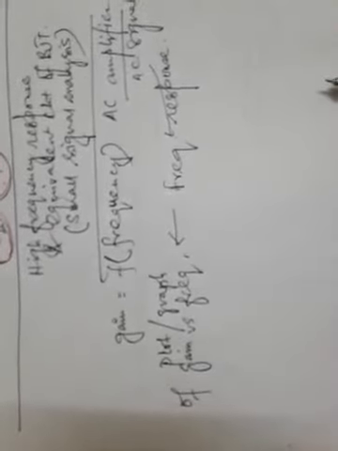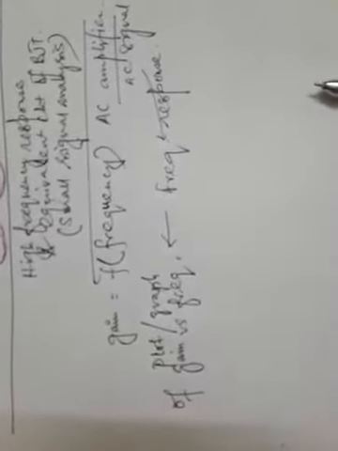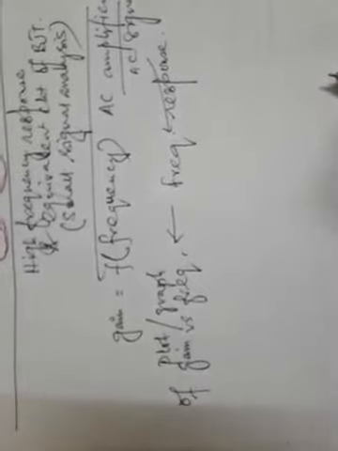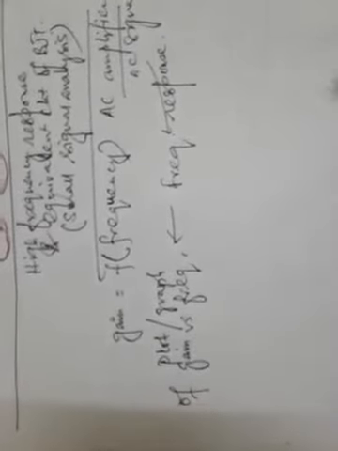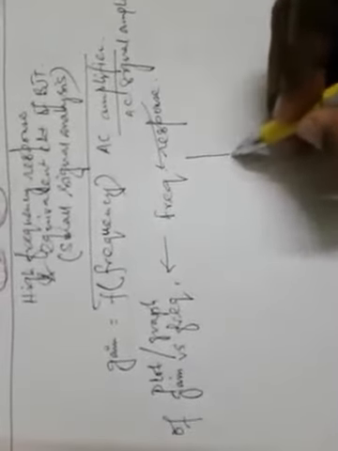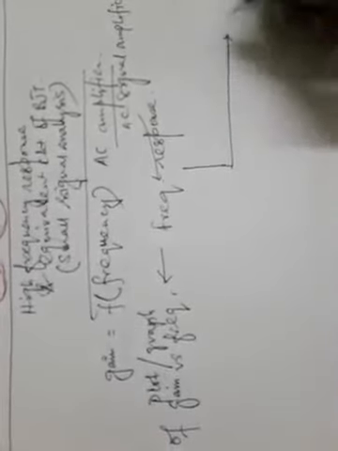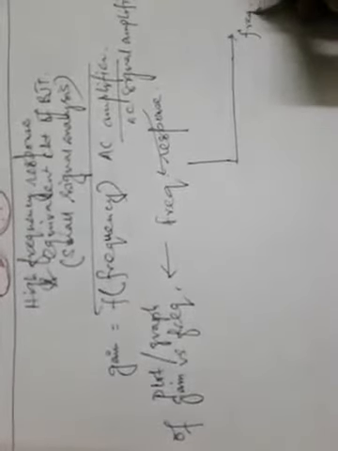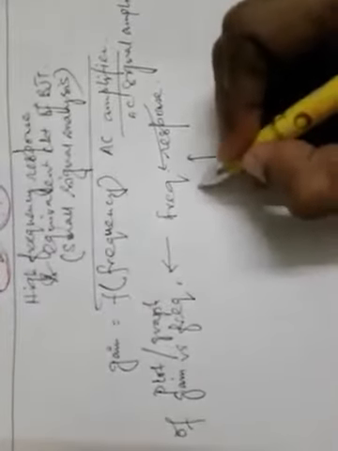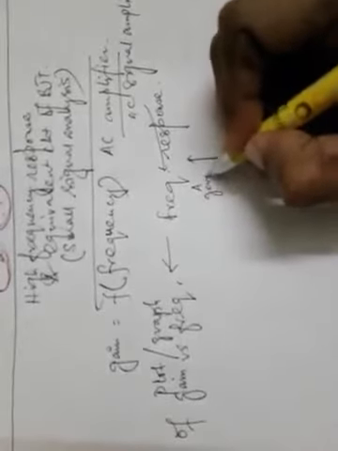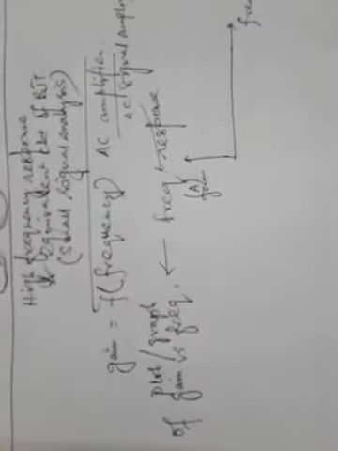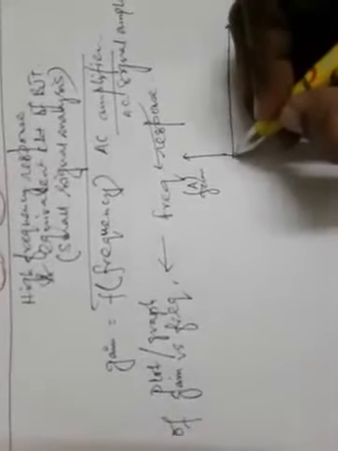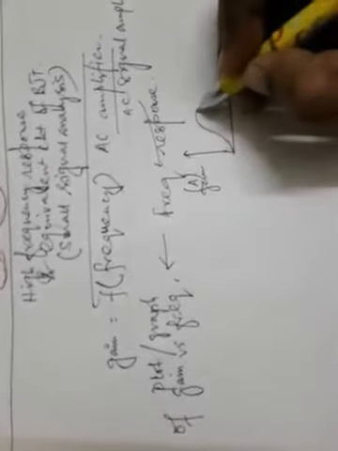The frequency response of an AC amplifier can be drawn like this. Let us see how it looks first, and from there we can make our discussion. On the x-axis the frequency is plotted, and on the y-axis gain A is plotted, denoted by A. The characteristic will look something like this.